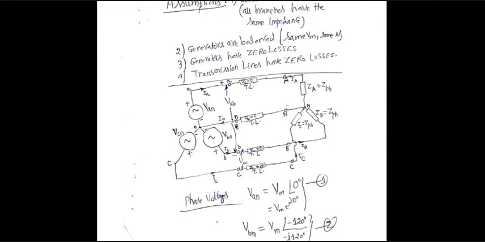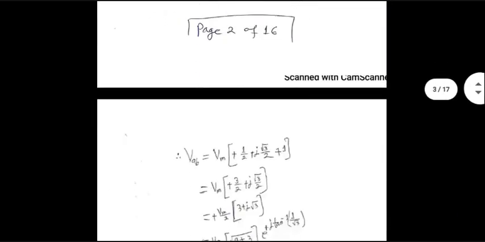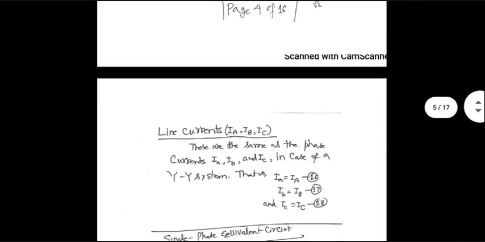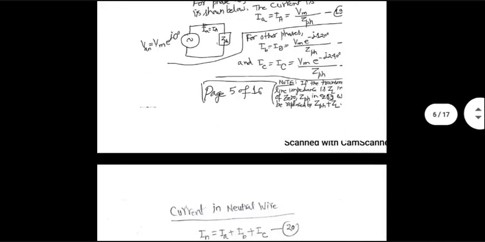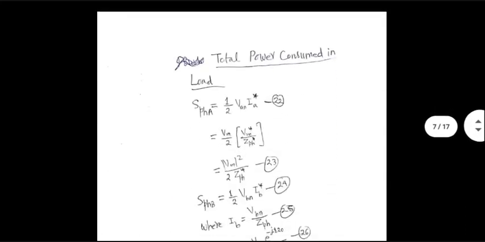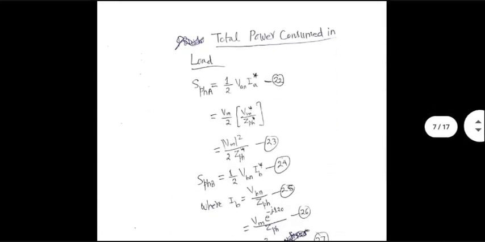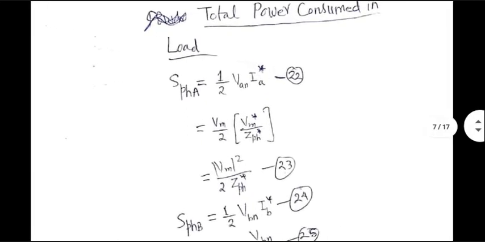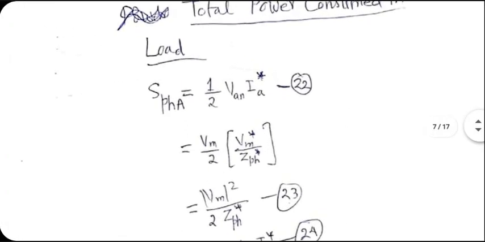And currents are anyway the same, whether lossless or lossy system. I small a is same as I capital A. So using that, I'm writing the complex power in phase A.